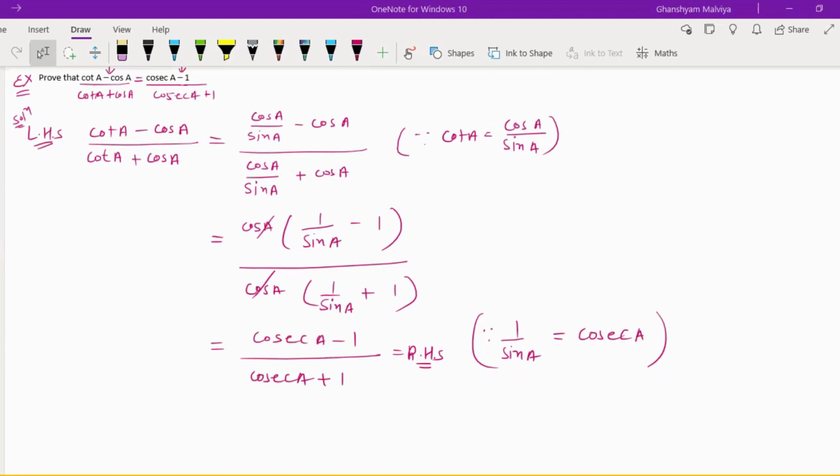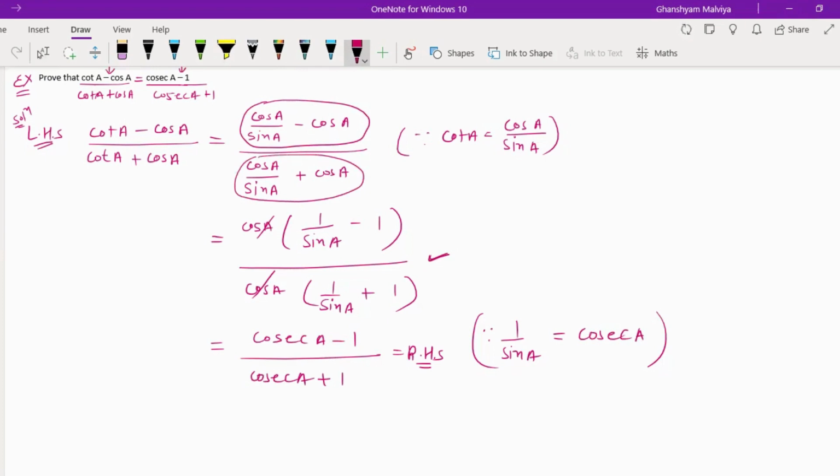Sir, can you explain the second step? The third one. Okay. So the cos A into 1 by sin A minus 1. See, you can see that this is your numerator and this one is your denominator. Now in the denominator and in the numerator we have a cos A. You can observe this thing.